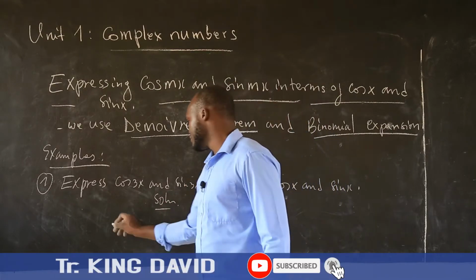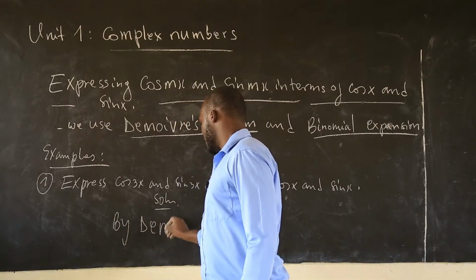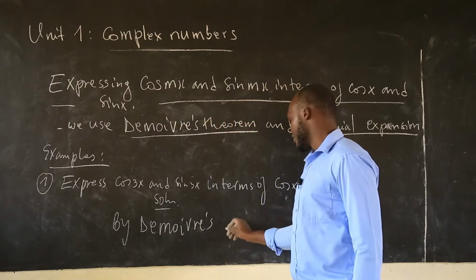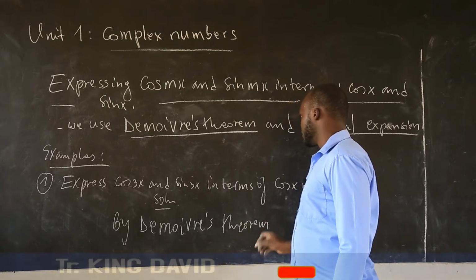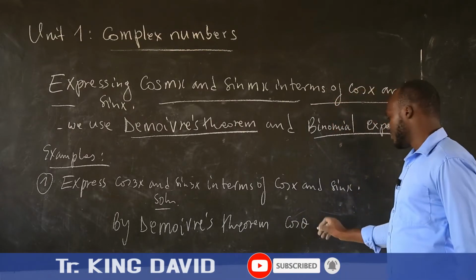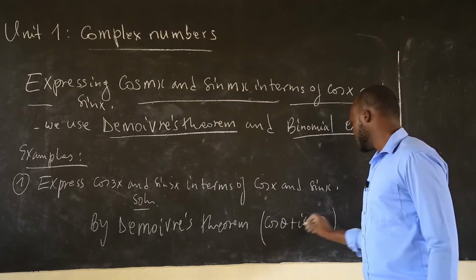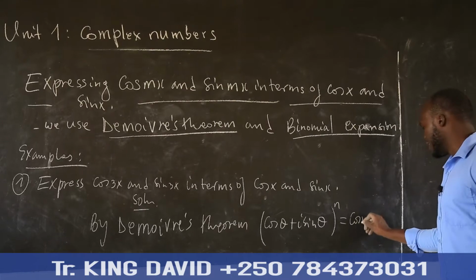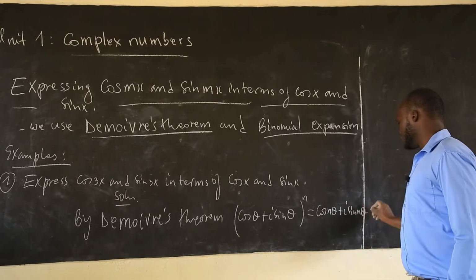Remember, De Moivre's theorem says that when you have cos angle plus I sin angle to the power n, it becomes cos n angle plus I sin n angle.